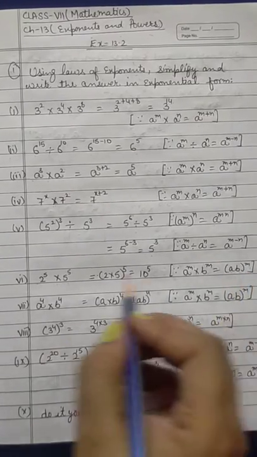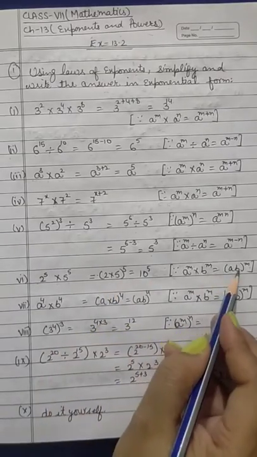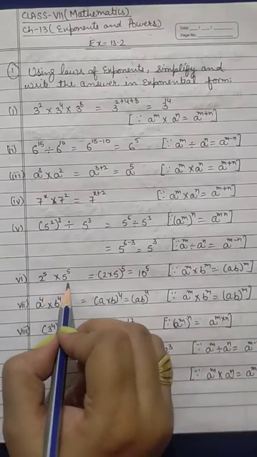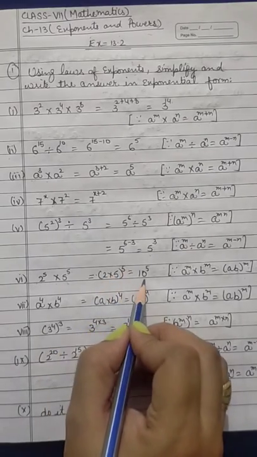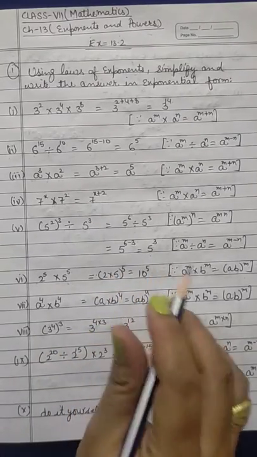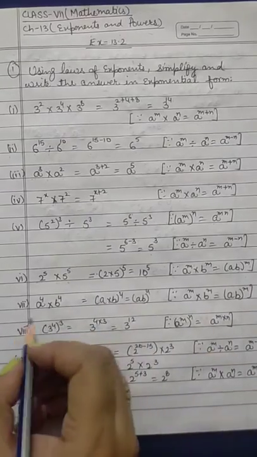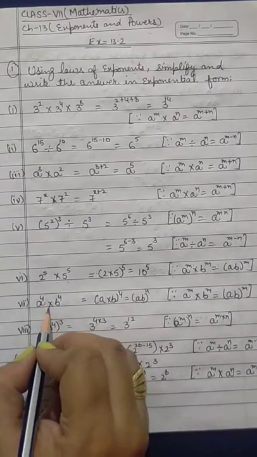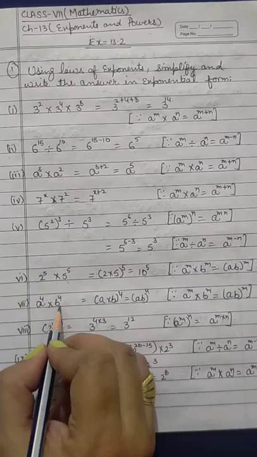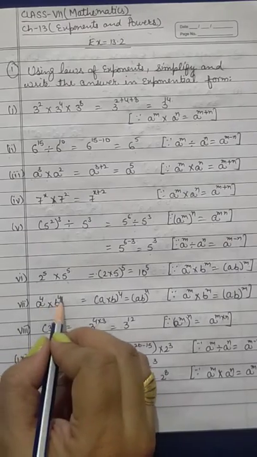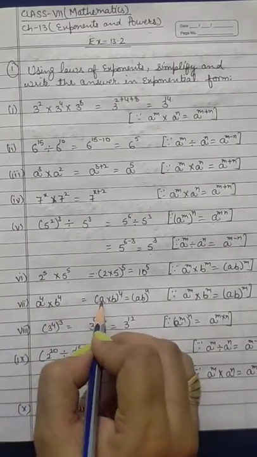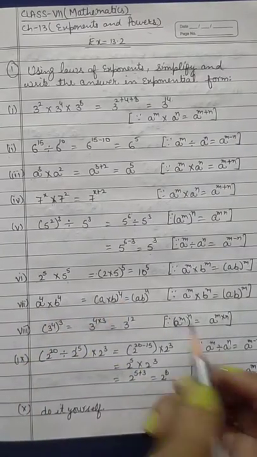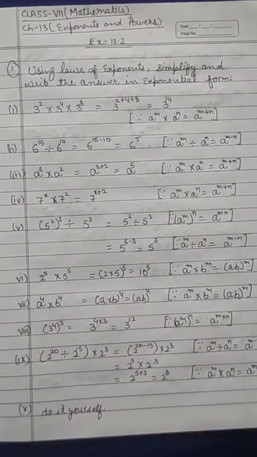So we write 2 multiply 5, their common power 5. 2 fives are 10, so 10 raised to power 5 will be your answer. Then the next one we have a raised to power 4 multiply b raised to power 4. Again bases are different, multiply sign, powers are the same. So we'll use this law: multiply the bases a into b and keep the common power 4. We can write ab raised to power 4.